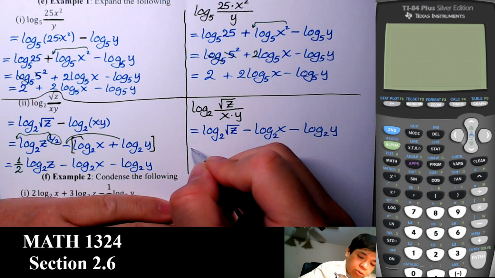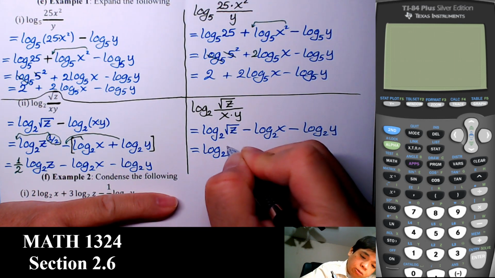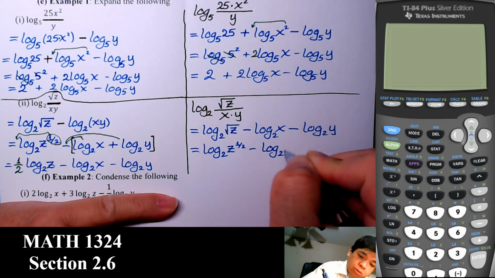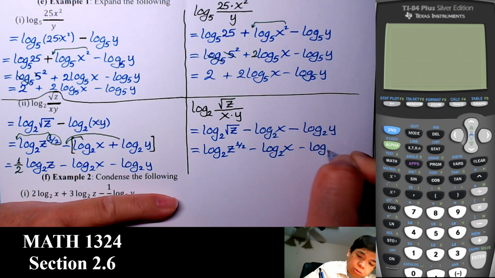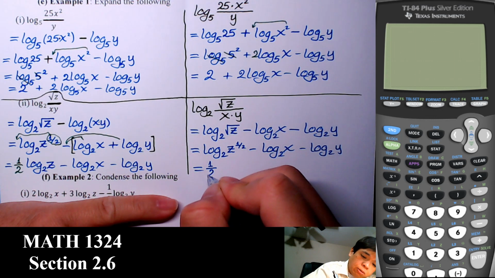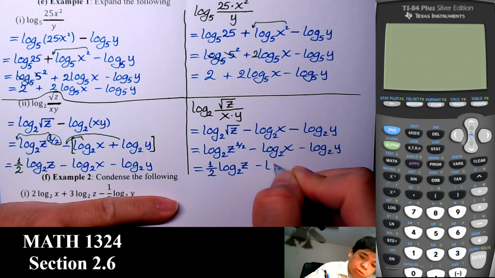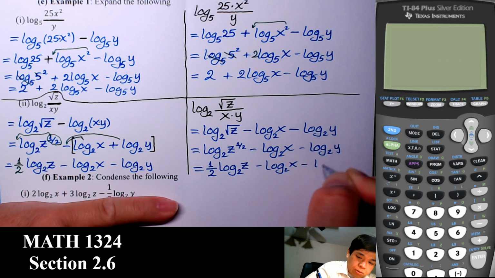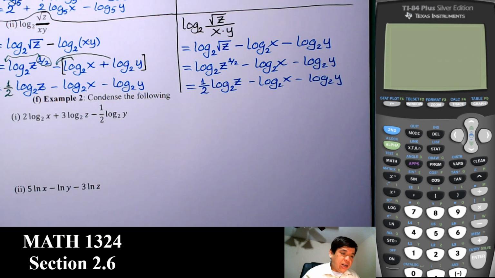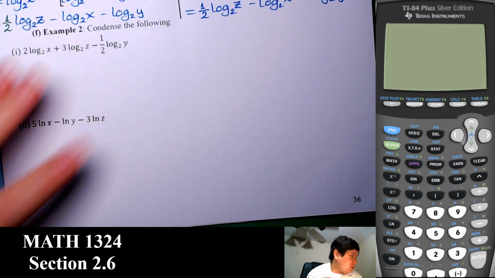And square root of z, we'll check out the 1/2. Right, so that's what we have. So that is called expanding. So from one big log, we turn that into a bunch of little logs.